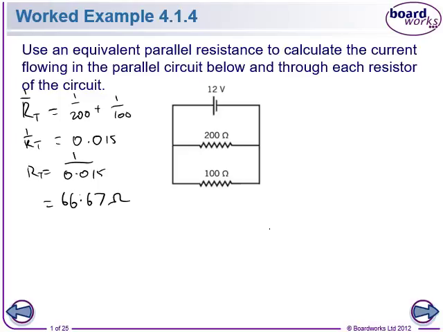So now we can work out our current in the circuit. And so this will give us our current at this point and this point, before and after the battery, because afterwards it splits. But our total current we can work out through this. So I equals V on R. Our voltage is 12 over 66.67.